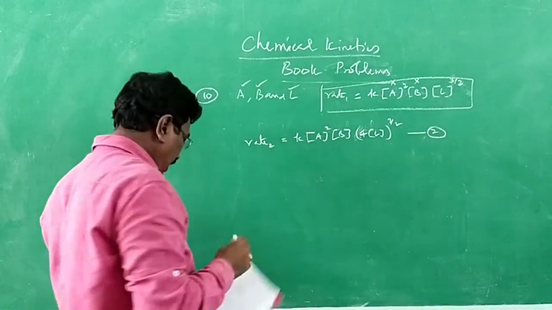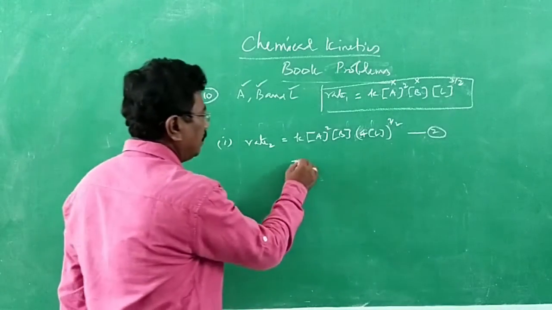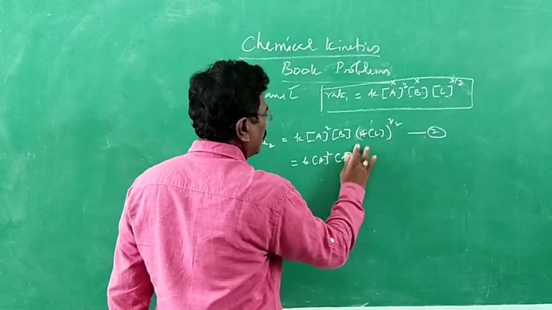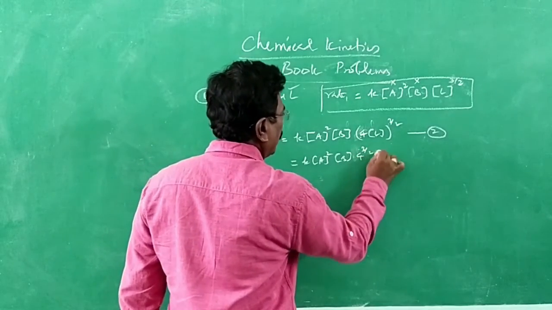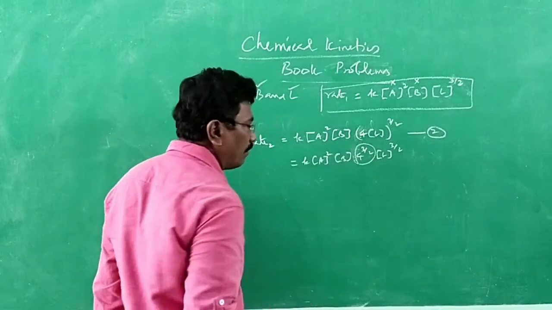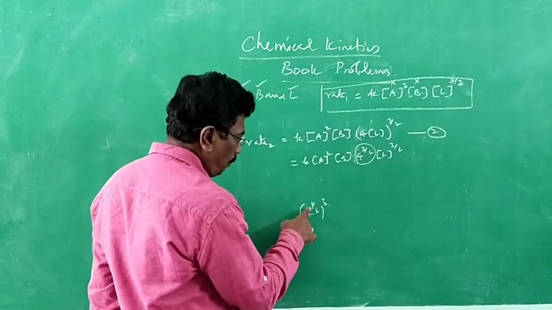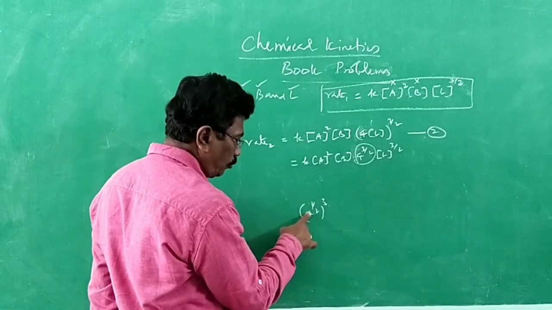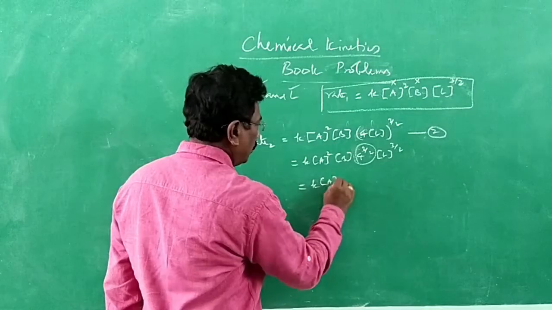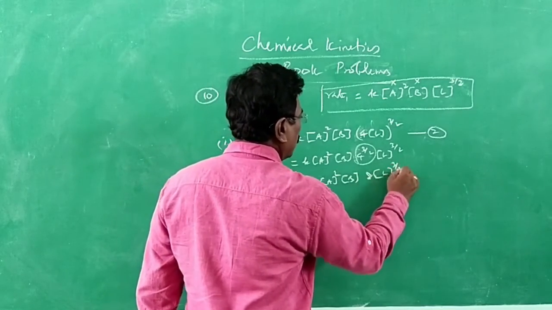Upon increasing the concentration 4 times, rate 2 is equal to K into molar concentration of A square, B, into 4 to the power 3/2 into L to the power 3/2. 4 to the power 3/2 we have considered as 4 to the power half, whole cube. 4 to the power half is nothing but root 4. Root 4 is 2. 2 cube is equal to 8. That's what we have discussed until now. So rate 2 is K, A square, B, 8 into L to the power 3/2. Let it be equation 2.